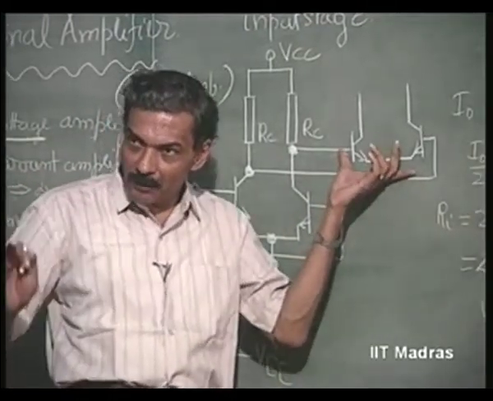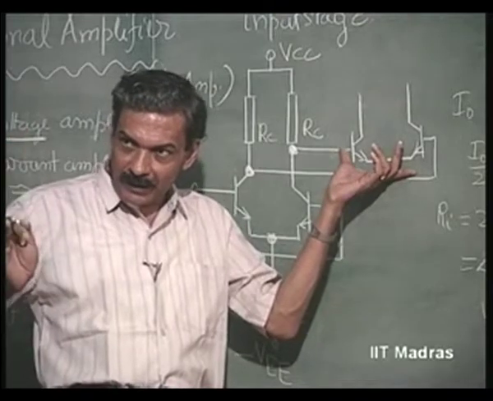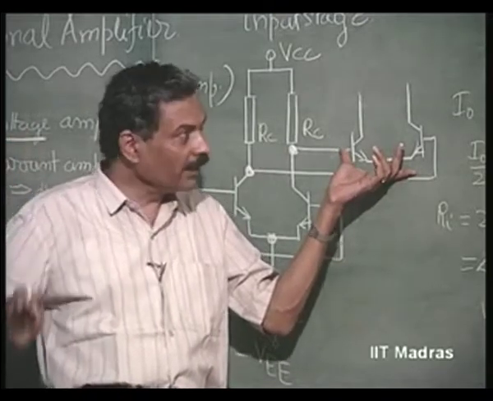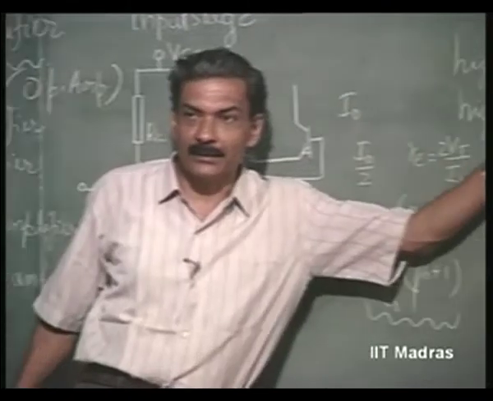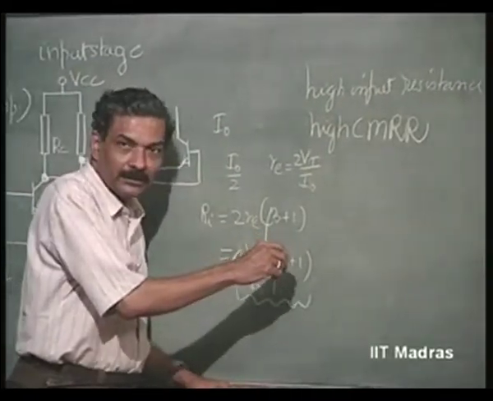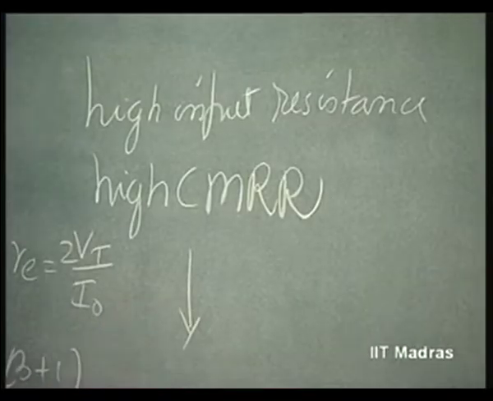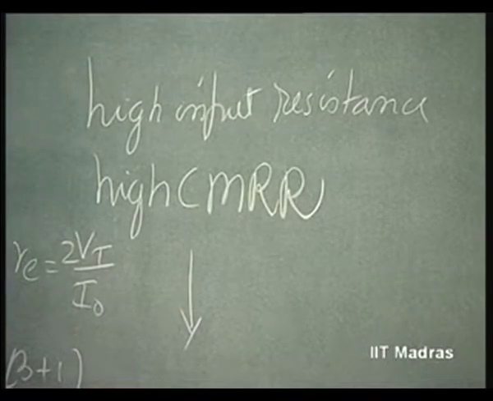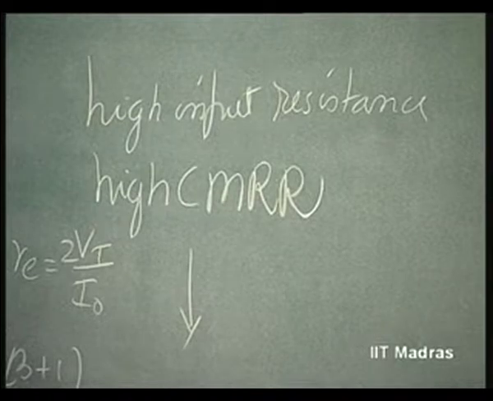So, in any op amp, the input stage has the major responsibility of taking care of input characteristics. Consequent to this, whatever gain is obtained is going to be taken as good, as far as this is concerned.